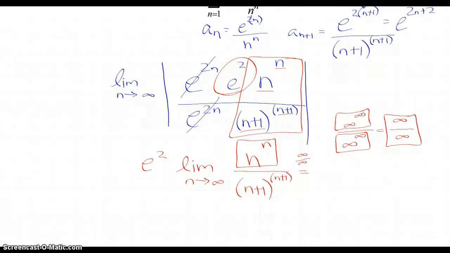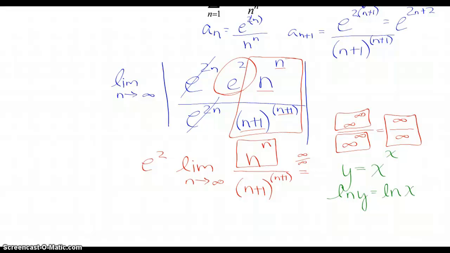We can use L'Hopital's, but I want you to think about what the derivative of n to the n is going to look like. I'm going to pick up another color so you can follow me. That's one of those undefined functions. Remember us doing that? This is not a power function, so I can't use the power rule. This is not an exponential function, so I can't use the exponential rule. I have to come outside of the limit.